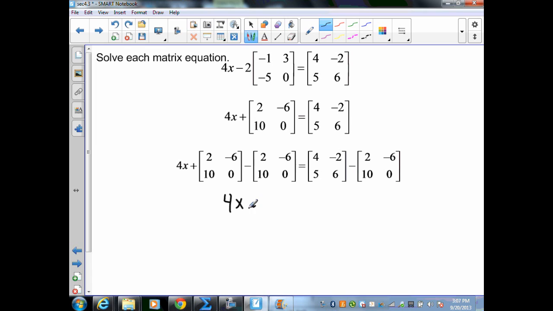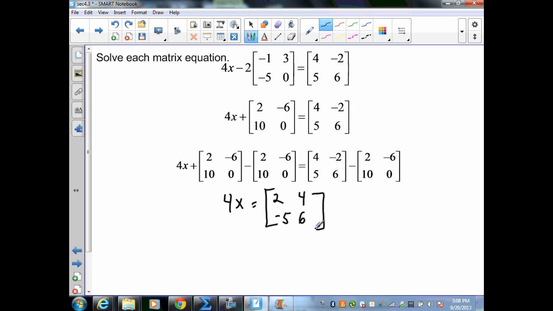Then I will have a resulting matrix by subtracting each element of the two matrices. That's going to give me 4 minus 2 is 2, negative 2 minus a negative 6, which is a negative 2 plus 6, which is 4, 5 minus 10, which is a negative 5, and 6 minus 0, which is 6.